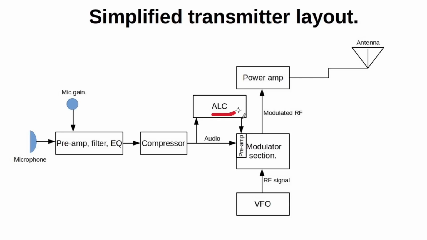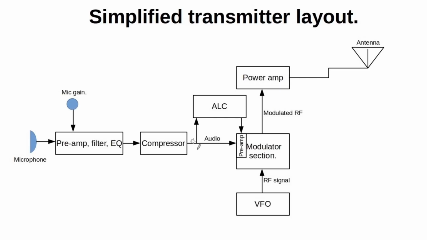Now what the ALC does is it monitors the signal level that's being fed in to the modulator, and it produces a control voltage that adjusts the gain of this preamplifier. If a very strong peak in audio is coming in, it's going to pull back that amplifier gain and allow that strong peak to come in below that hard limit so it doesn't overwhelm the modulator.